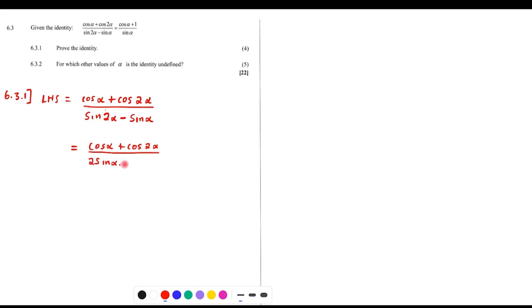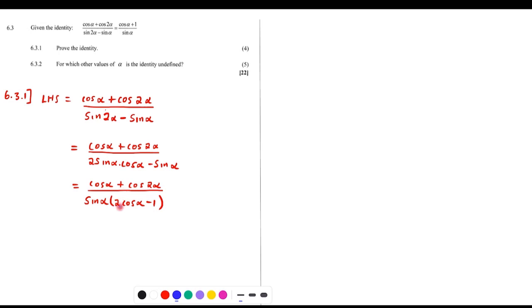So we're going to change this one into 2 sine alpha times cos alpha minus sine alpha, and then here we're gonna keep this one like that, plus cos 2 alpha, and then over, then here I can see I have a common factor which is sine alpha, and then this is going to be 2 cos alpha minus 1. Now this sine 2 alpha helped us to understand what it is that we need to change the double angle for cos into, right?